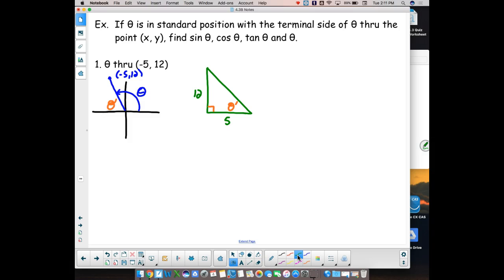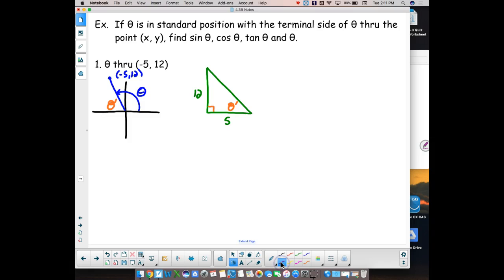So why isn't this one on there then? It's past 1 unit. Like it's 5 over and 12 up. So what is the radius of this circle if I were to make this a circle? 13? How'd you come up with 13? Pythagorean theorem.